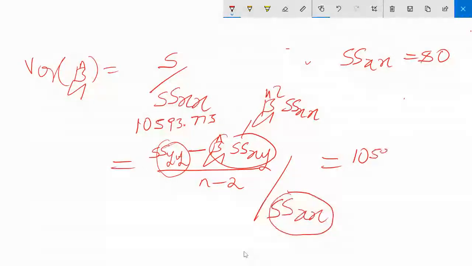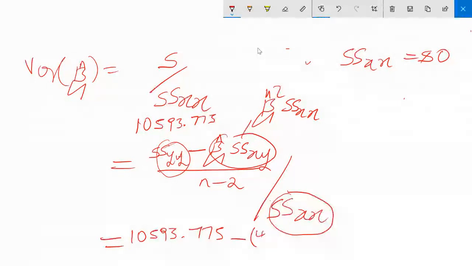This one we just calculated is 10,593.775. I'm going to substitute here: 10,593.775 minus beta 1.